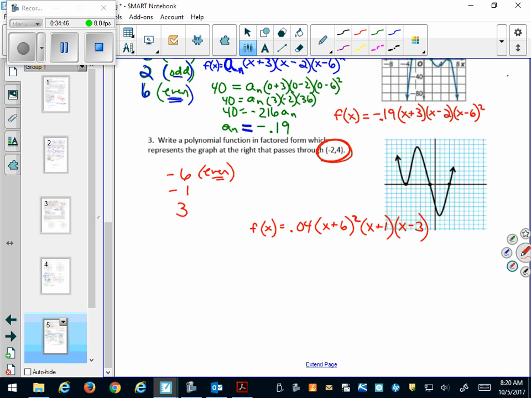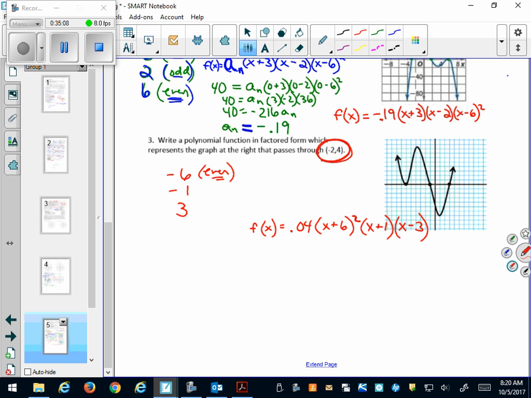I think that all of these graphs that they're showing us are not perfectly accurate when you're reading the points. That's why there's a little difference. Some get 0.04, some get 0.05.